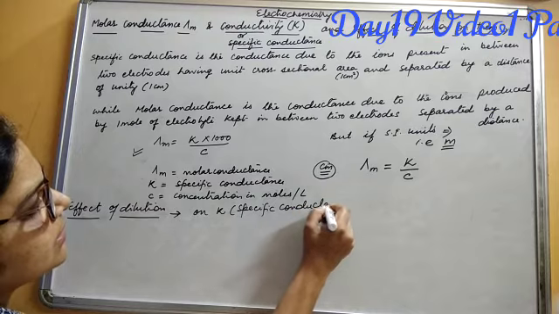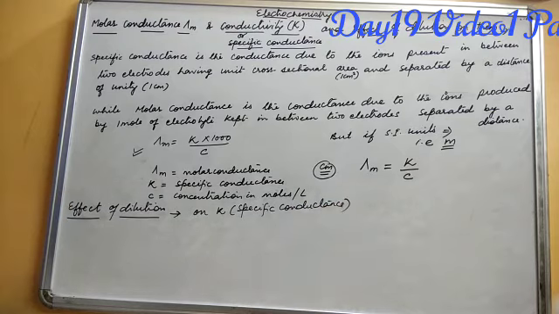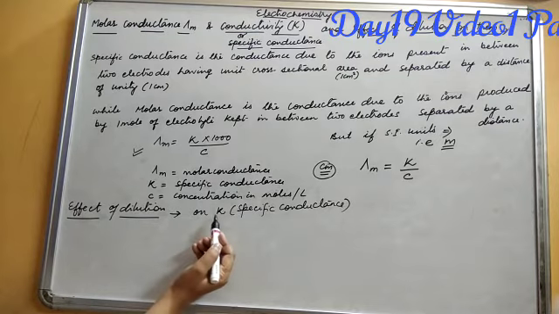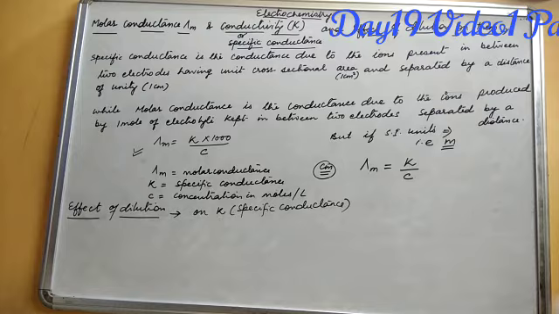Since specific conductance is the conductance due to the ions present in between the two electrodes having unit cross-sectional area separated by a unit distance, that is, we have specified the volume. If water is added in that solution, or if this solution is diluted, then the number of ions per unit volume will decrease. So for the conduction, the number of ions will decrease, therefore kappa, that is specific conductance, will also decrease.